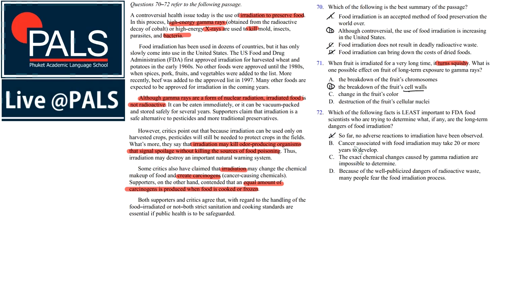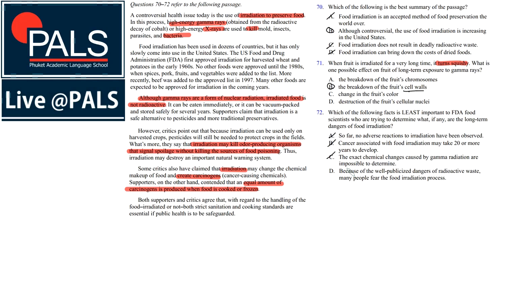Now all of these seem quite important. The second one just means that long-term studies have to be done if it may take a long time for cancer to develop. And it's as well important to understand that the exact chemical changes caused by the gamma radiation are impossible to determine. That has to be taken into account when the dangers are evaluated.